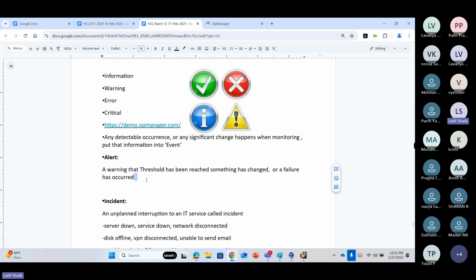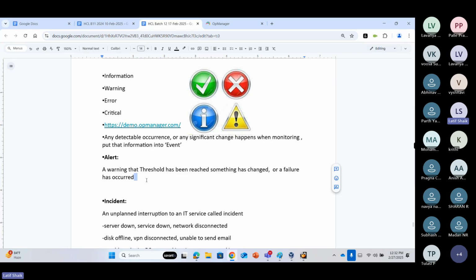Or maybe my network is down, maybe a disk has failed. Or disk read and write is abnormal, meaning till now the data transactions were very limited, and now higher data transactions are occurring. It depends on application performance and network performance. Either a threshold is reached, or something is down, a failure occurs, or sudden changes occur.